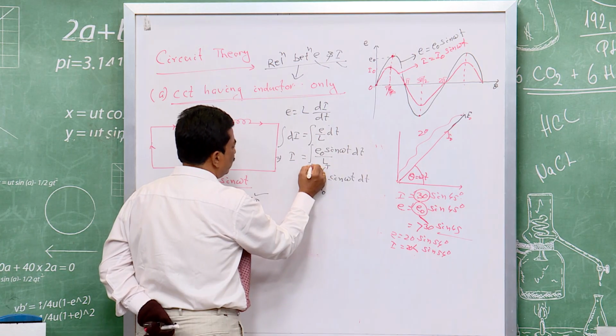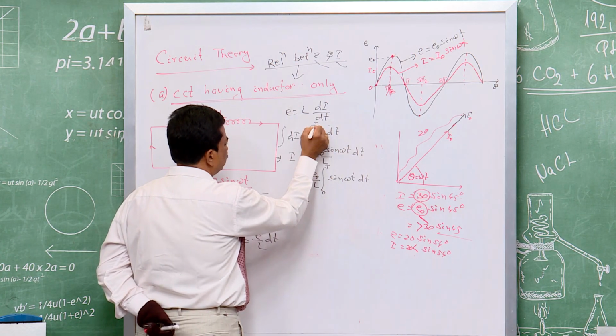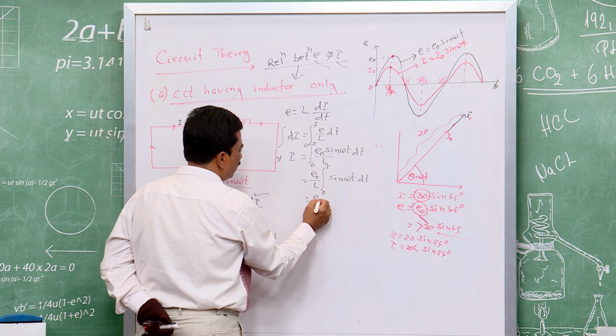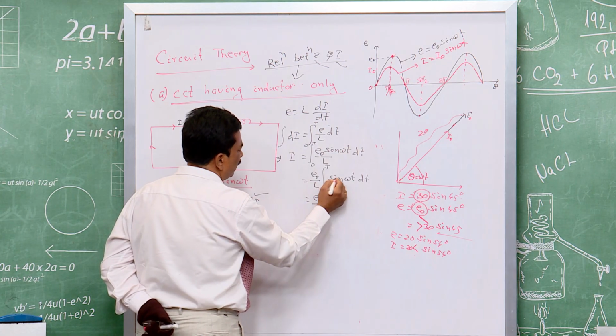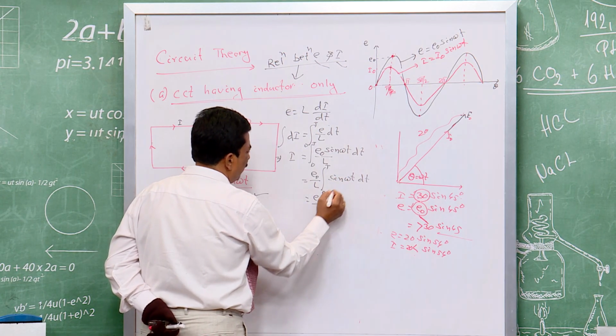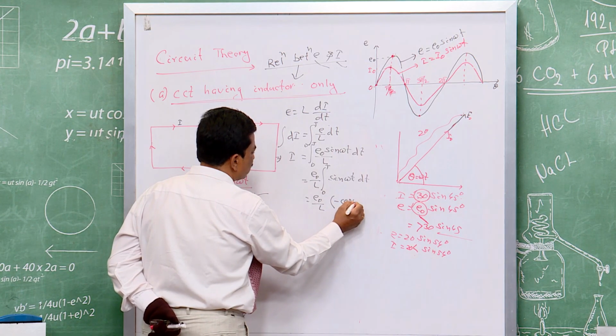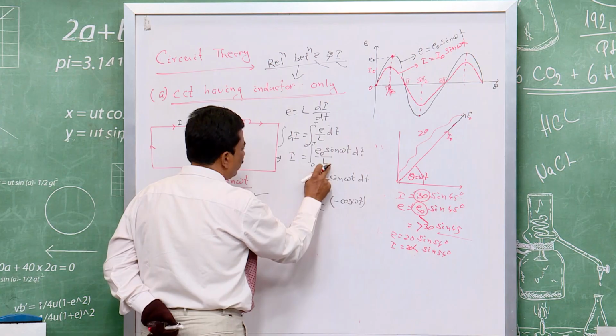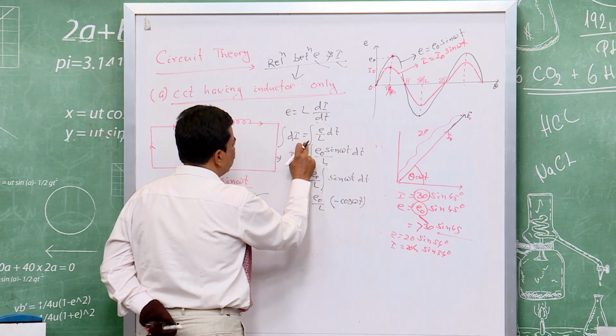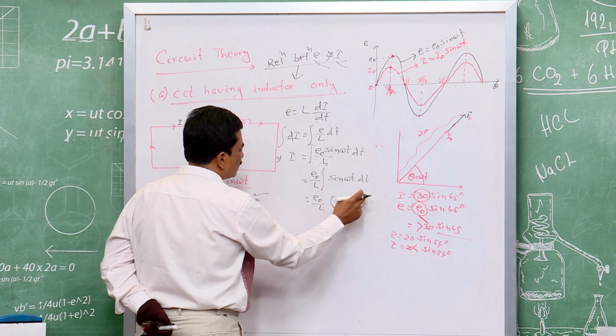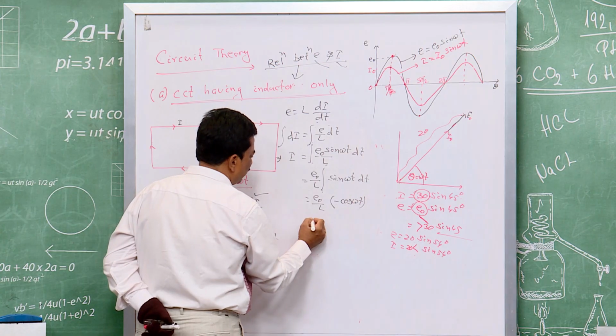From 0 to t. So, this is equals to E0 by L of sin omega t will be minus cos omega t, and if no integration limit is there, then it is only from the integration of this one of minus cos omega t.